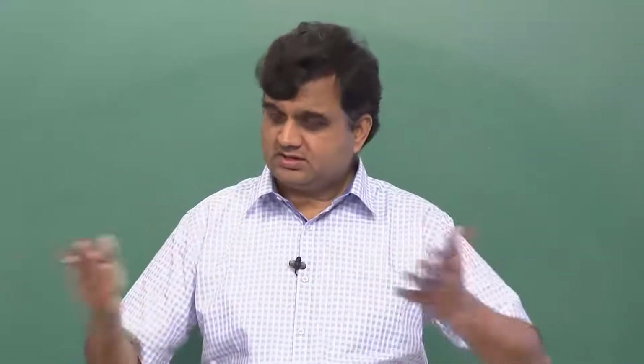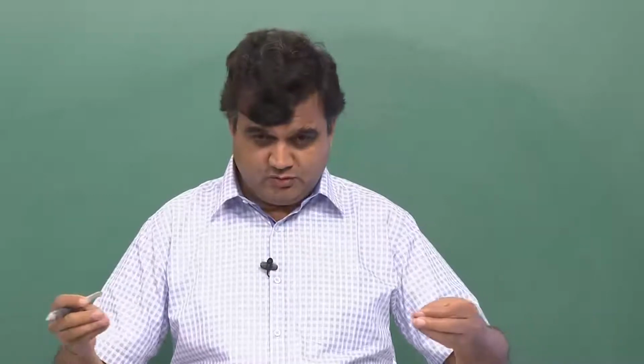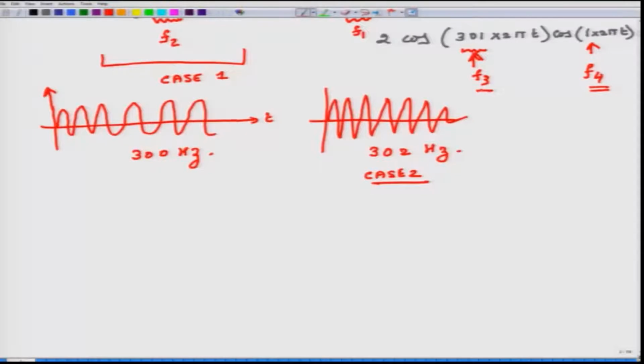So, we thought it is the same sound, but when you play these slightly different sounds at the same level together, what you are going to listen to is a multiple of F3 and F4. Mathematically we have shown that, right. So, what does that mean? If I plot it, let us say this is 1 second.